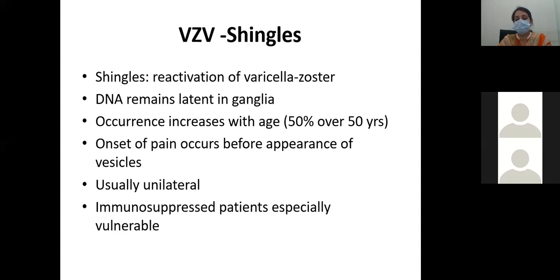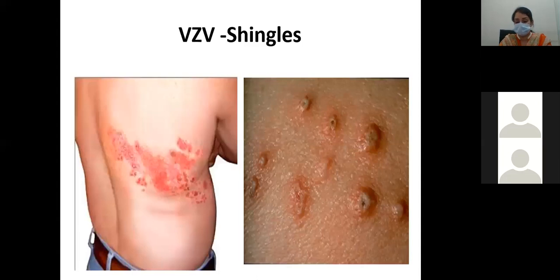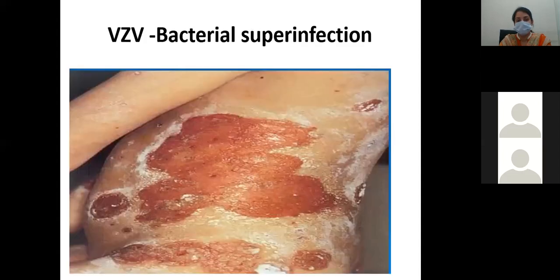These are usually unilateral, and immunosuppressed patients are very vulnerable to these infections. This is a picture of shingles. This is varicella zoster virus, but there is also a superimposed bacterial infection.